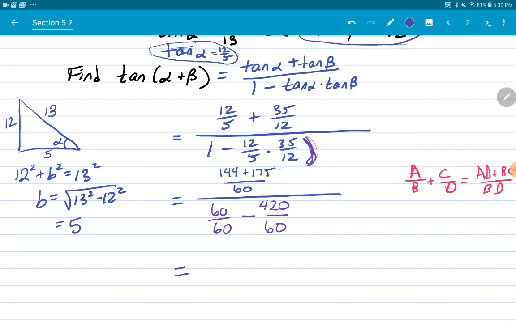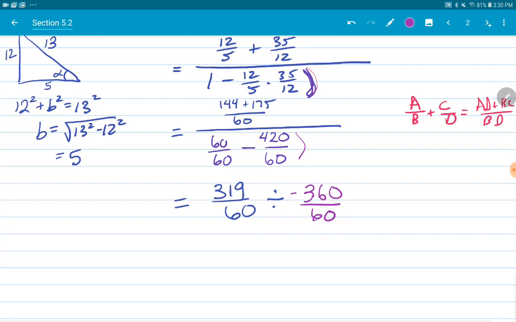And that gives me 144 plus 175 gives me 319 over 60, divided by, and then the purple part, the denominator here, 60 minus 420 gives me a negative 360 over 60.